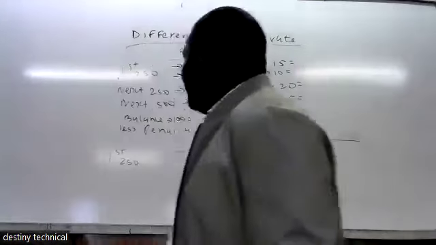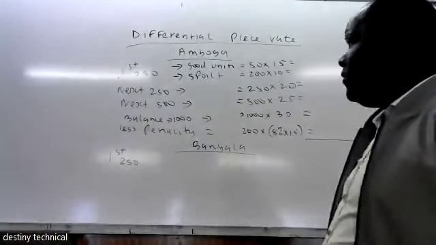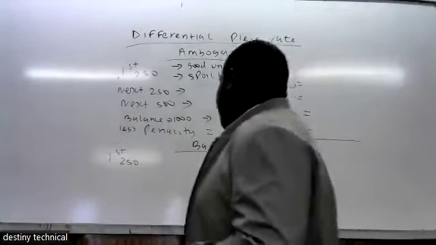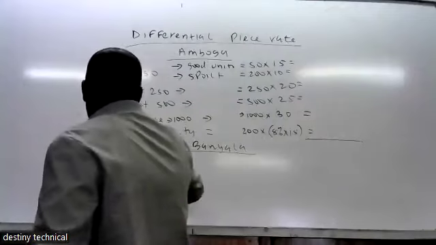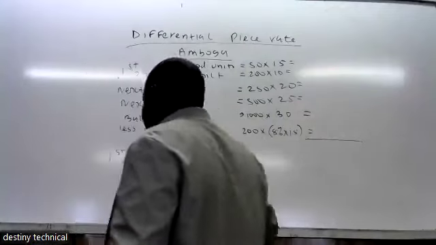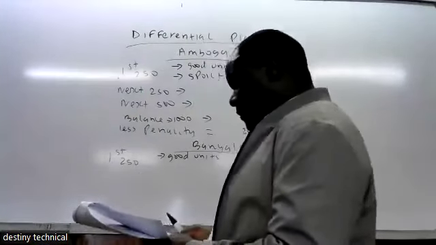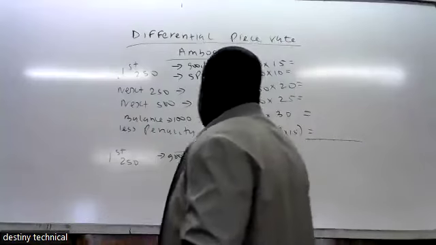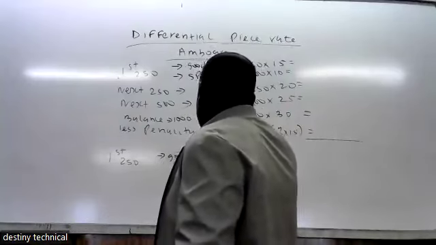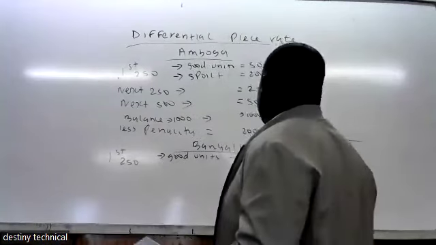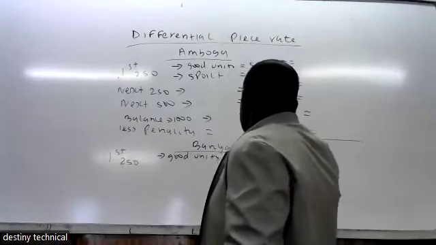So the first 250 are classified into two: good units and the spoiled. So for Banyala, the spoiled were 100. That means good units will now be 150. So 150, you value them at 15.